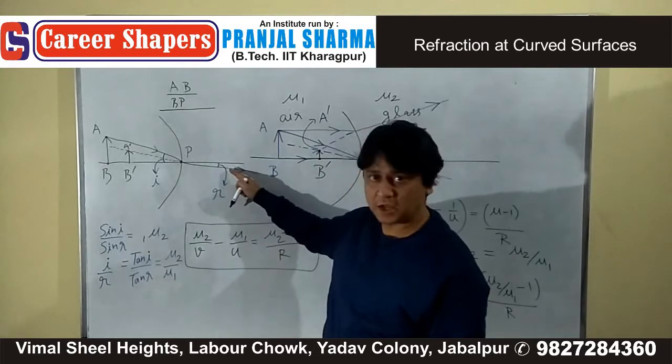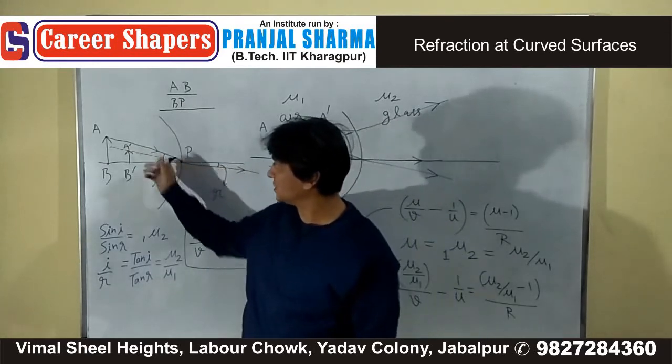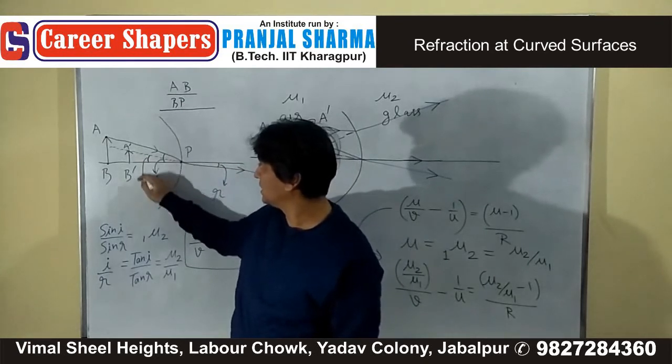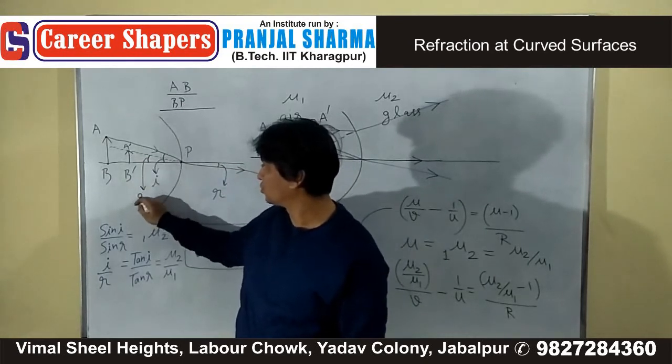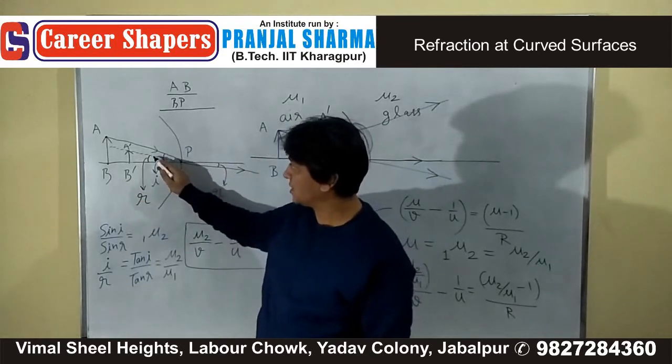If this angle is R and you are producing this refracted ray backwards like this, that means this angle is also what? R. If this is R, then what is tan R?